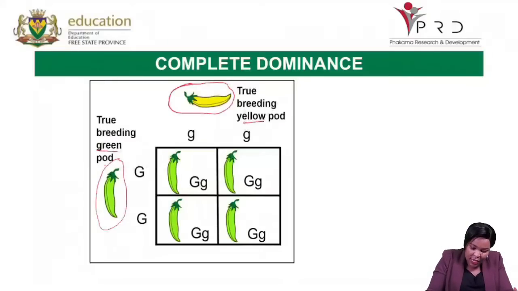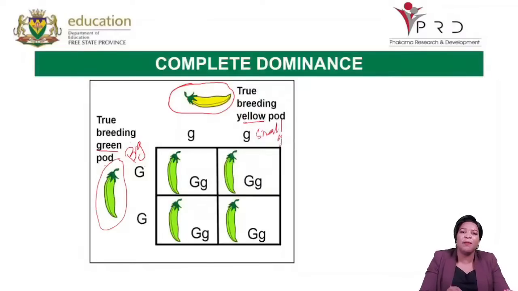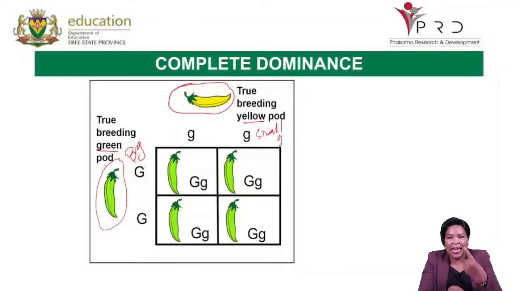But you see now the green is represented by the big G's and the yellow is represented by the small g's. And remember, you use the same letter. You can't say green is G and then yellow is Y. If you chose one letter, you must stick to that letter for the genotype of the opposite allele.